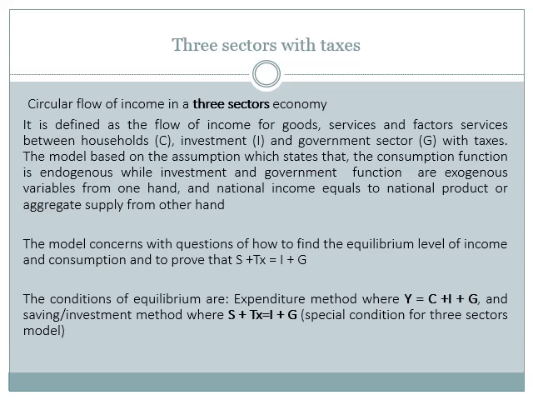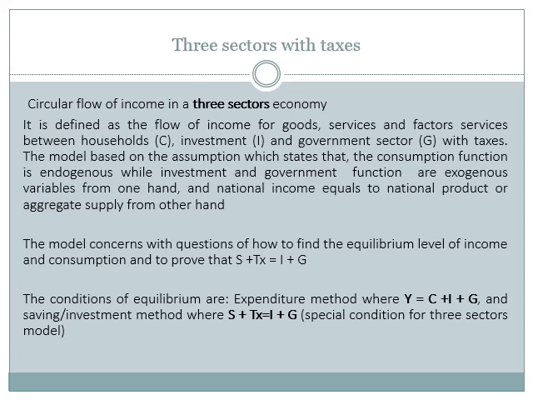Three sectors with taxes. Why? Because the side which imposes taxes is government. No taxes without government. This is called the flow of income in a three-sector model economy with taxes, which is defined as the flow of income for goods and services between households, investment, and government sector with taxes.